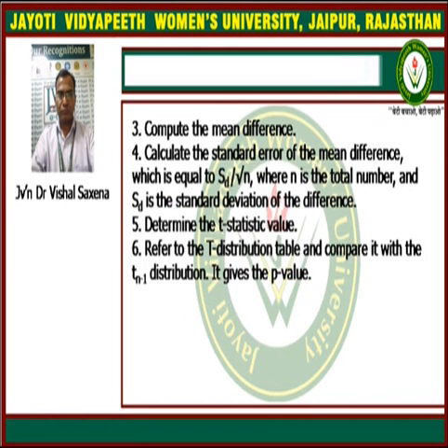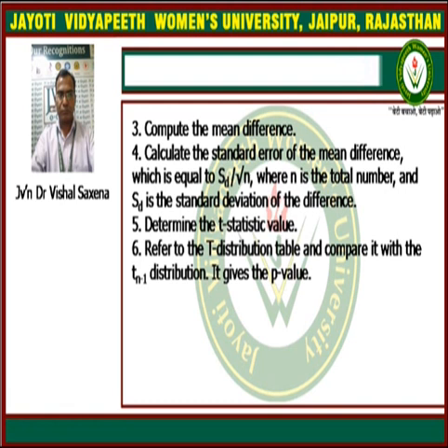Then we find the mean difference and calculate the standard error of the mean difference, given by sd upon the square root of n, where n is the total number and sd is the standard deviation of the difference. Then we find the t statistic value.